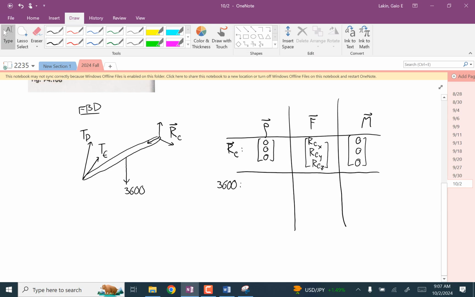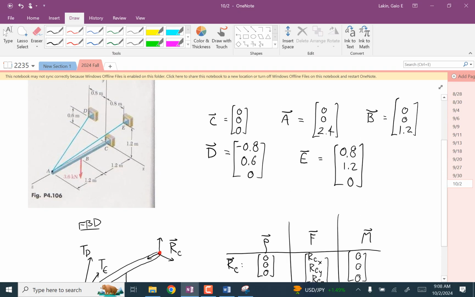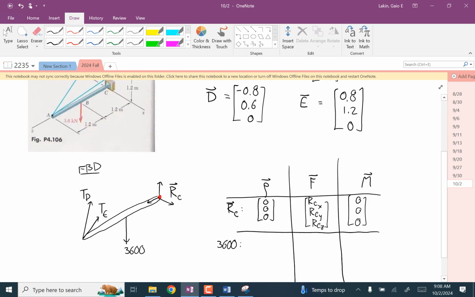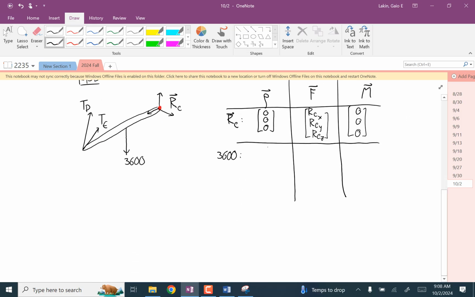This isn't always the most convenient thing to do, but it is true that anytime you choose your about point to be at the origin, your rho vector is just the coordinates where the force is applied. So I have my about point here, and so my rho vector for this 3600 is just the coordinates of B. So 0, 0, 1.2.